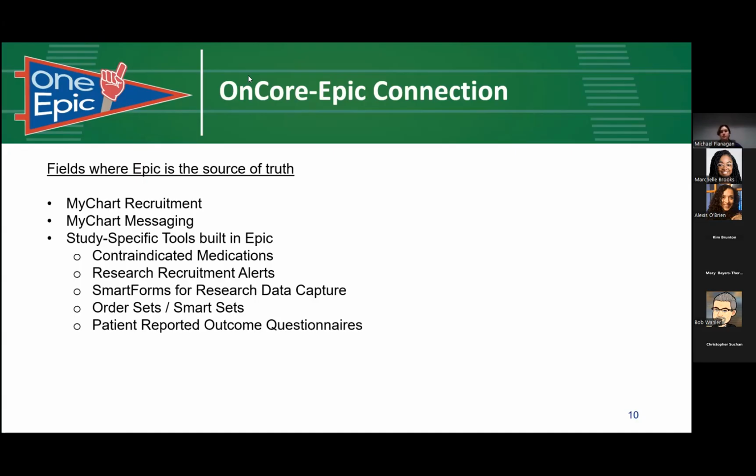So for those of you who have central IRBs, it's most important at this point that you keep that study updated in the local IRB, because that's where we're going to get that information that it has reached IRB approval, which means that we are going to start working on it to get it into Epic, doing that push, getting everything ready that way.